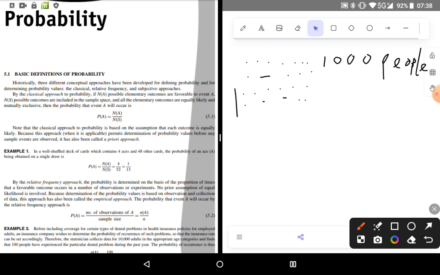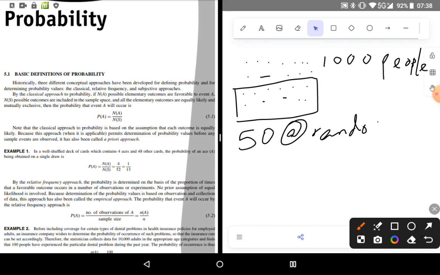So I just select some number of people at random. Let's say I selected 50 people at random. So this one here now will give me my sample space. So this 50 is my sample space, which means that particular one that I'm trying to work on at that moment, that is my sample space.